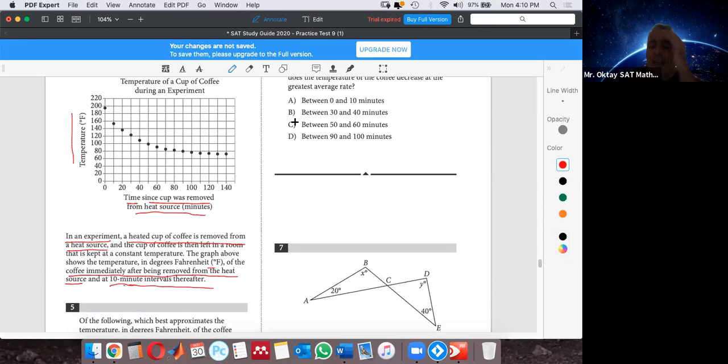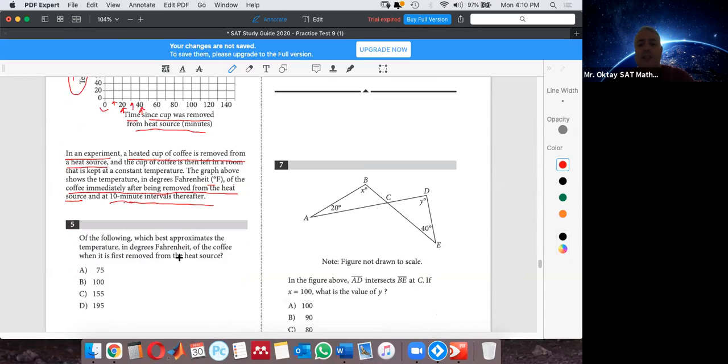My dear students, how many Fahrenheit? We can say by looking at the graph. When time is 0, when time is 10, when time is 20, 30, 40, we have the Fahrenheit of this cup.